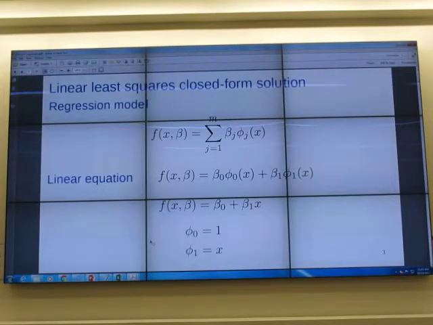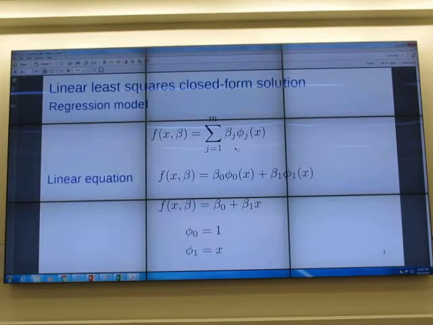Let's start with the closed form, the analytical solution. With regression, we try to model the data with a linear combination of functions. So the regression model F is the linear combination of constants beta multiplied by phi_j(x), which is a function value.